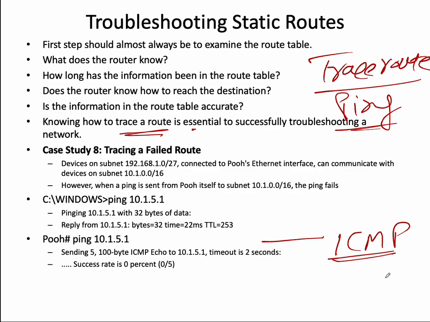Each router that handles the packet reduces the TTL by 1. When the TTL reaches 0, the router sends a time exceeded message back to the source. This process allows traceroute to map out each hop along the path to the destination. Okay, I will show you how we do the traceroute and the ping when we do the static routing lab.